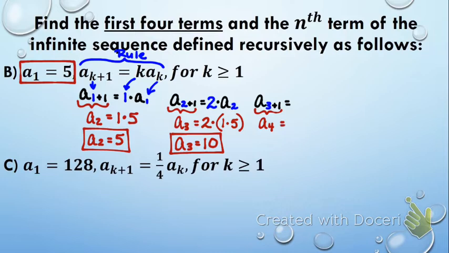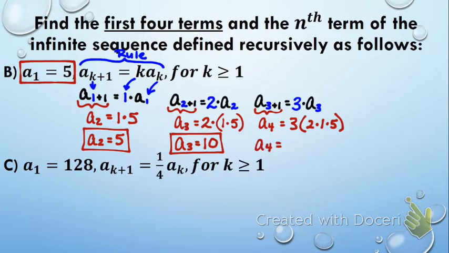So what are we going to be multiplying together? 3. Yes, 3 times the third term, so 3 times 2 times 1 times 5. So what is our fourth term?